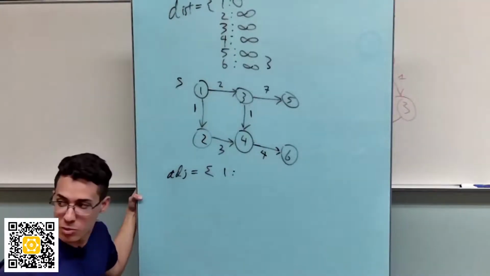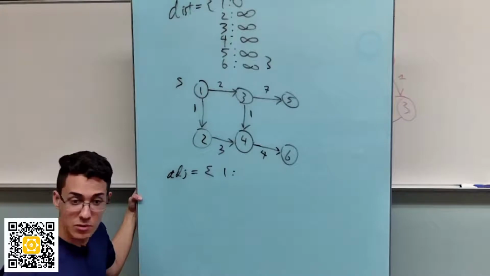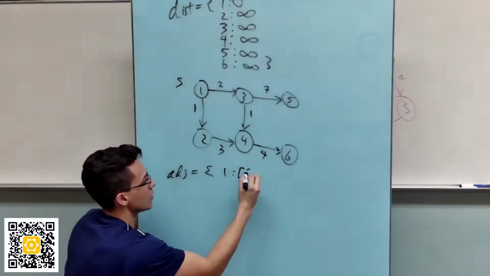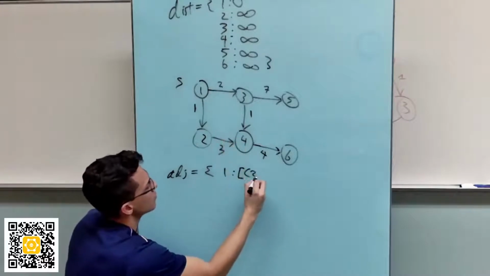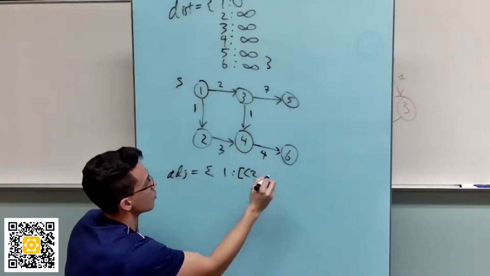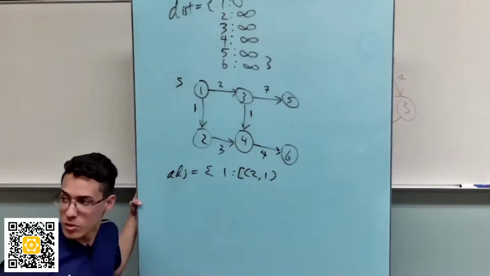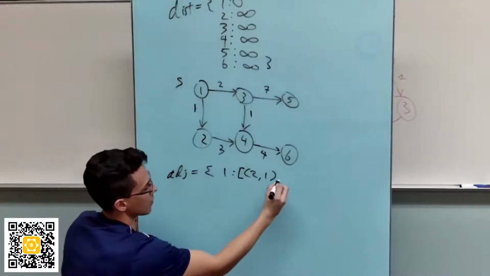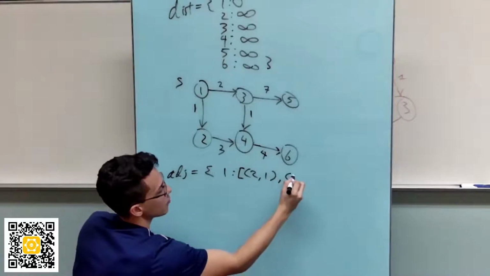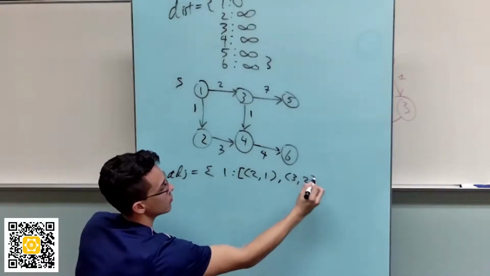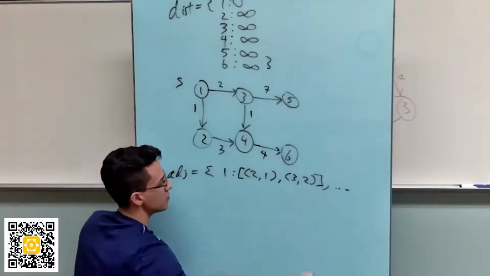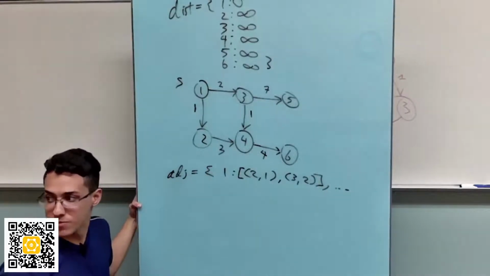Is something else we need to put in there? The weight. Yeah. So it's going to be a list of tuples: the destination, where it goes, and the weight of the edge. And do the rest. 3, and the weight is 2. And so on, until you've done it for all of them.